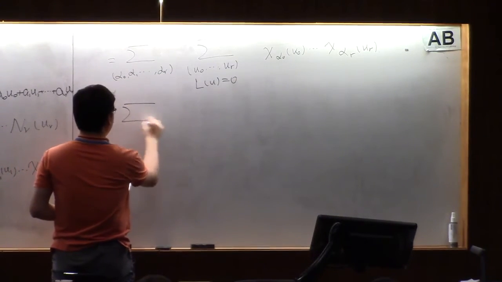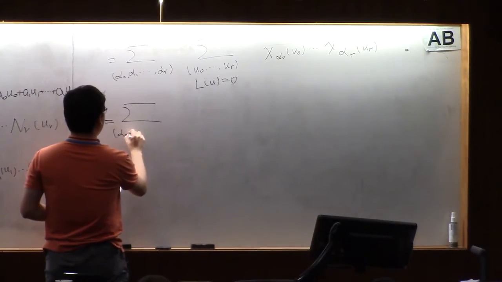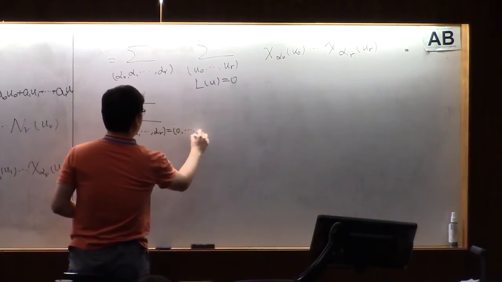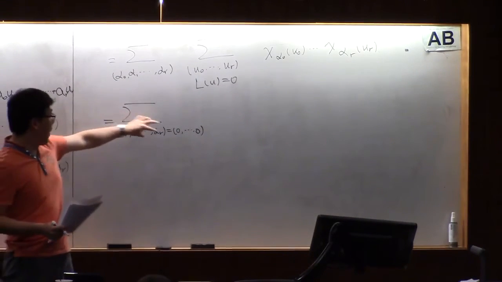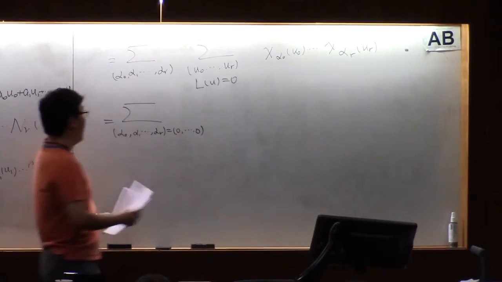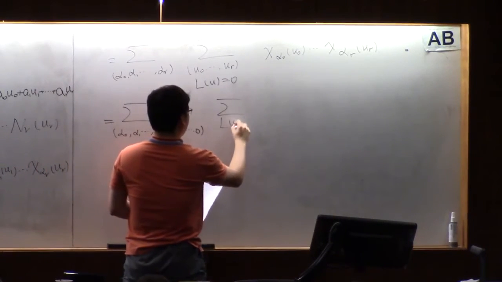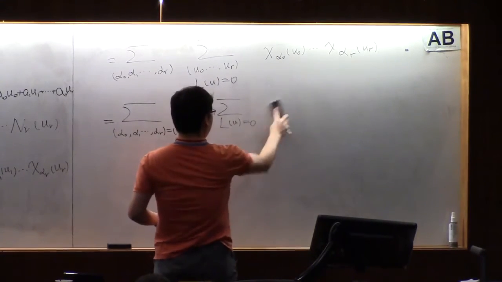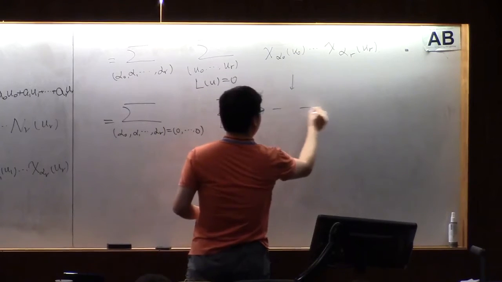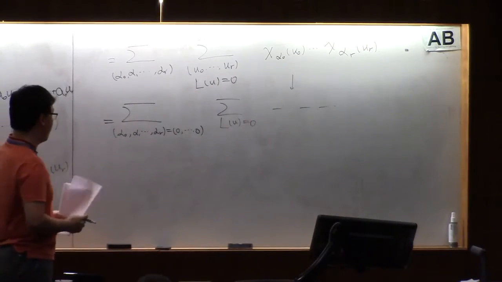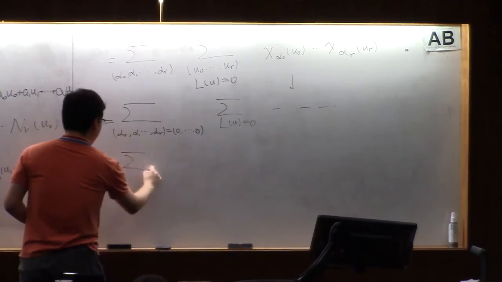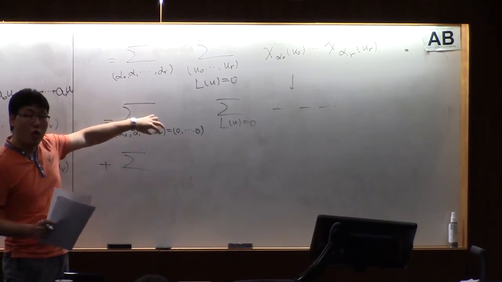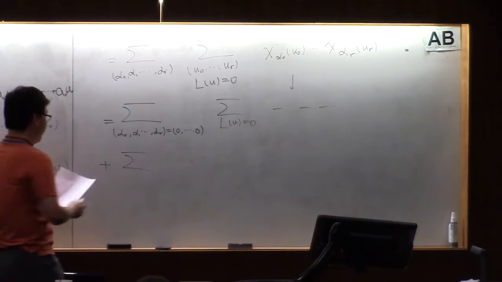The first case is all these alpha i's are 0, and then you take the inner summand, and here you have the product of the characters. The second part is some of these alpha i's are 0, but some of them are non-zero.